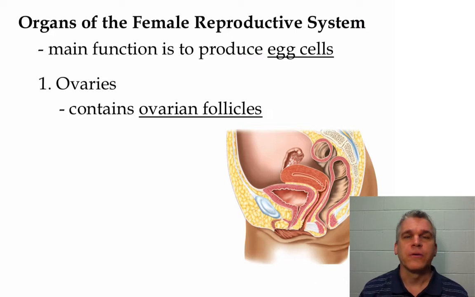The egg cells are found in a structure called a follicle. And these follicles will mature at puberty instead of the egg cells. And the egg cells will finish their meiosis if they've been fertilized.